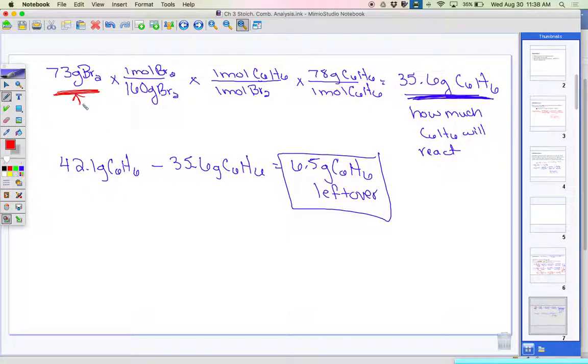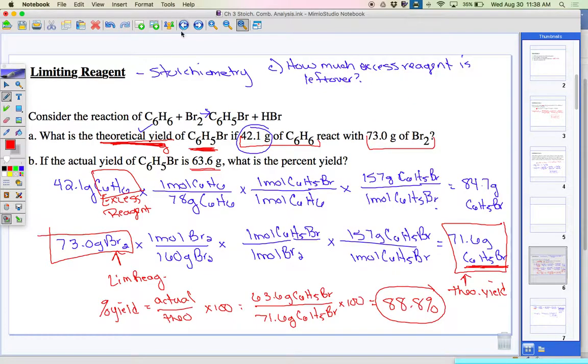Could you technically go from the 71.6 grams, the theoretical yield or the actual yield? Theoretical. Yes, you could take that number and just convert to the C6H6, and that would be how much C6H6 you used.